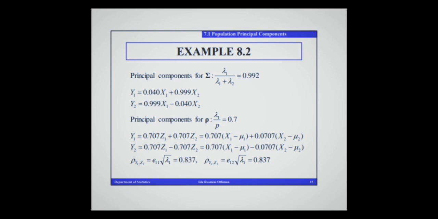This is the correlation between the first principal component and the first variable. This one is the first principal component with the second variable.